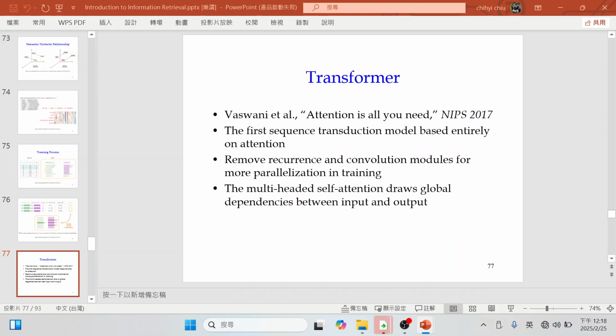Okay, so it's the first sequence transduction model that just uses the attention mechanism. We try to address the problem that traditional models for sequence-to-sequence learning have if they use recurrence, like RNN, recurrent neural network models, or LSTM models, or use convolution, like CNN, convolutional neural networks.